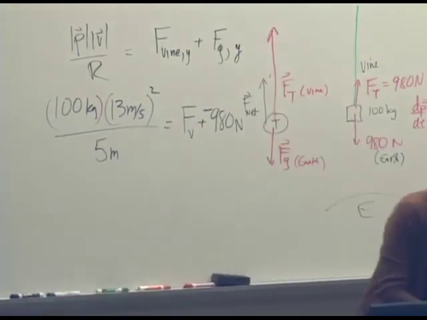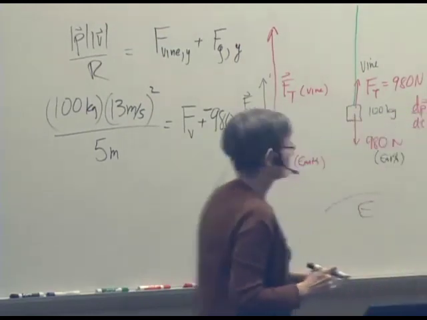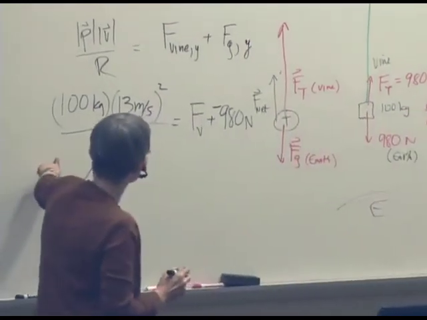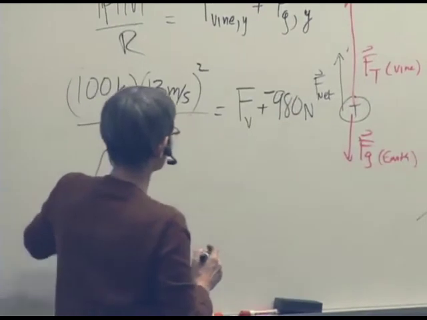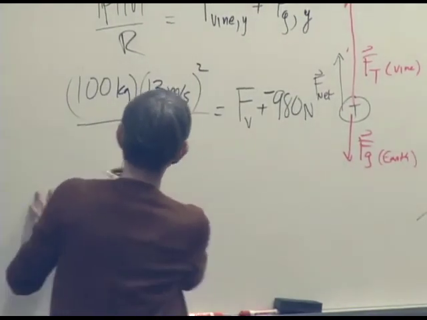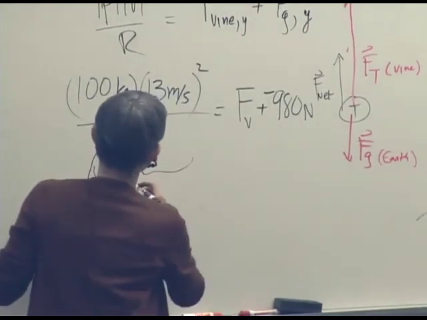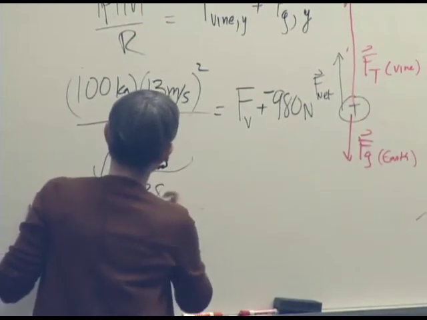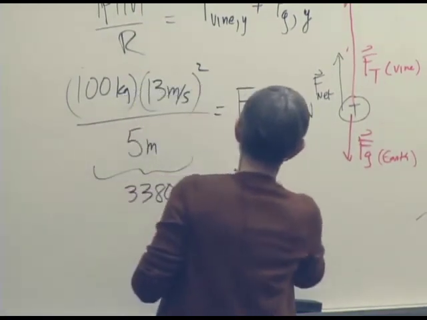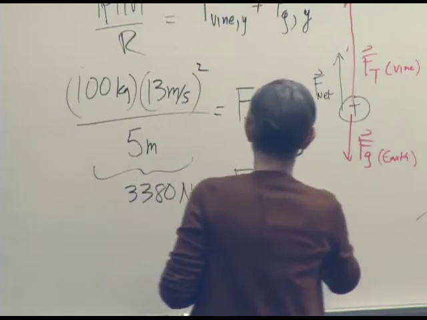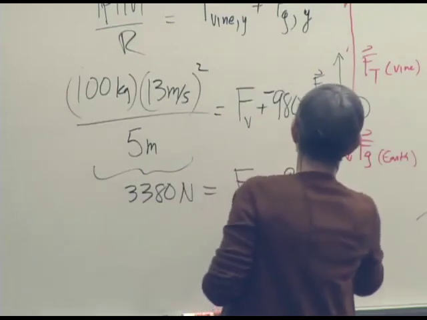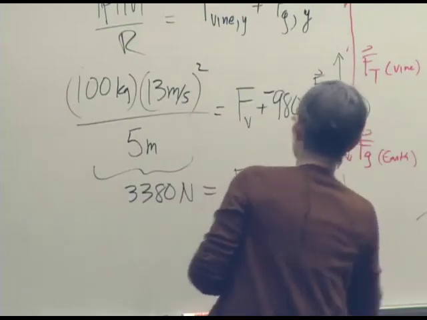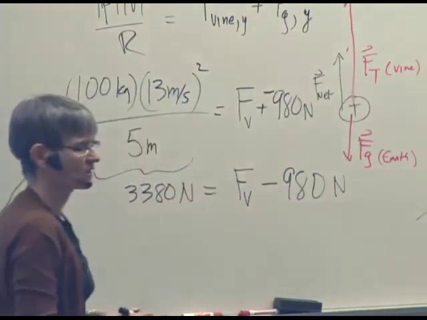So who's got a calculator? 100 times 13 squared. So this side comes out to 3380 newtons is equal to the force due to the vine minus 980 newtons, which is the gravitational force.